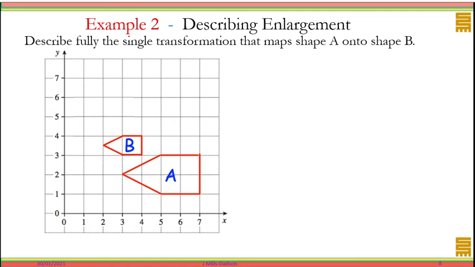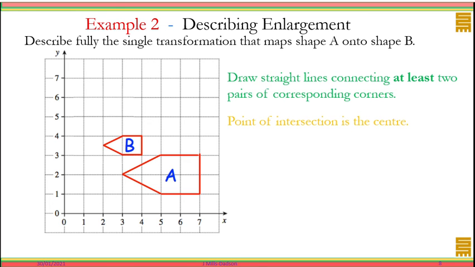Let's look at another example. Describe the transformation that maps shape A to B. A to B. First corresponding pair of corners. Second pair of corners. Now I've got my center. Center is 1, 5.